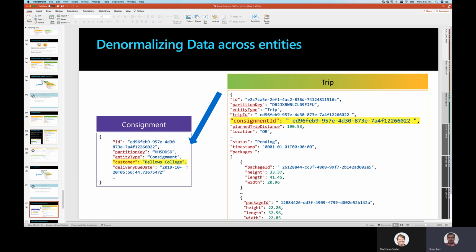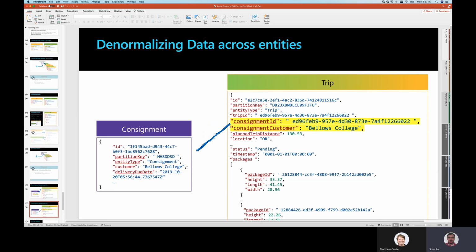So instead of joining consignment ID to consignment ID, and then there is the customer, what if I denormalize, and get just the customer name from the consignment and nothing else, and put it on the trip like that?